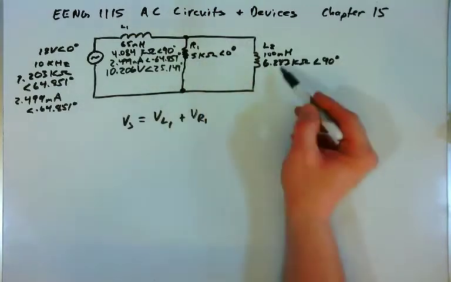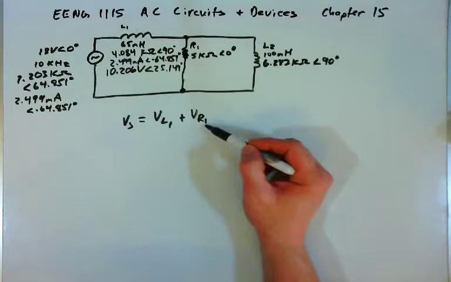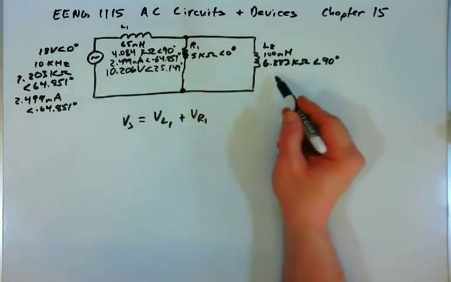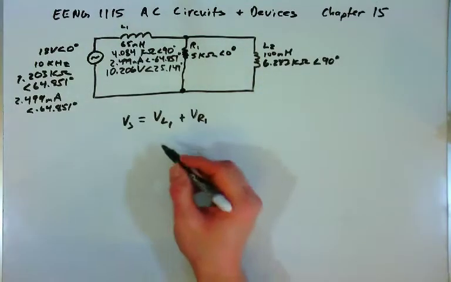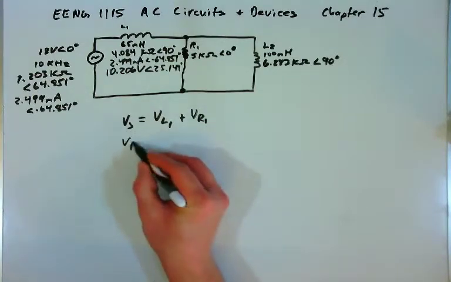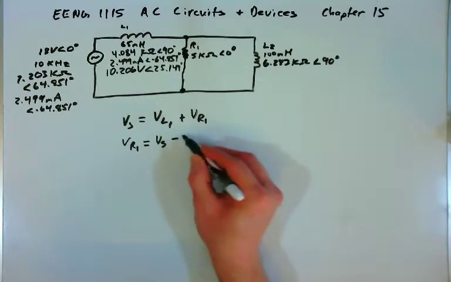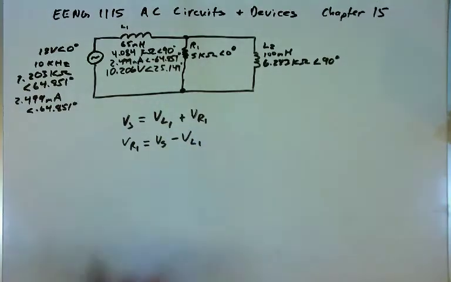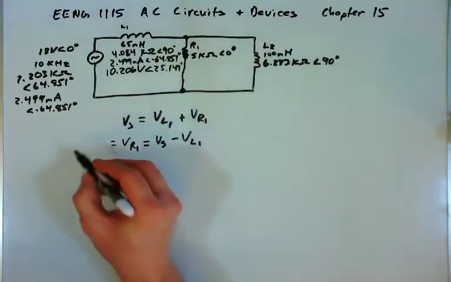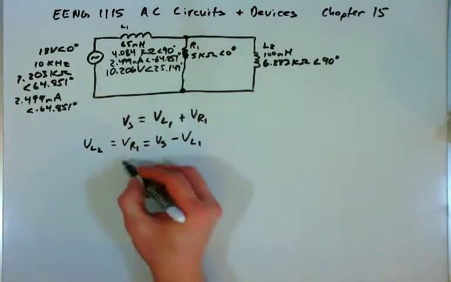And the voltage drop on R1 is going to be the same as the voltage drop on L2 because they're in parallel. So once we find VR1, we will also know VL2. And so we'll subtract VL1 from both sides. The voltage drop on resistor 1 will be the source voltage minus the voltage drop on L1. And again, this will also be equal to the voltage drop on L2 because they're in parallel.